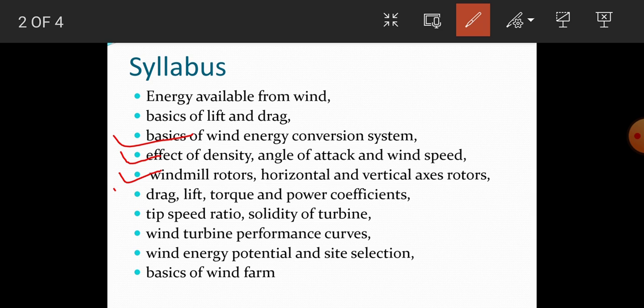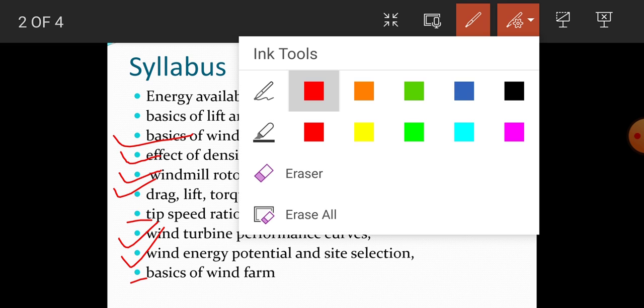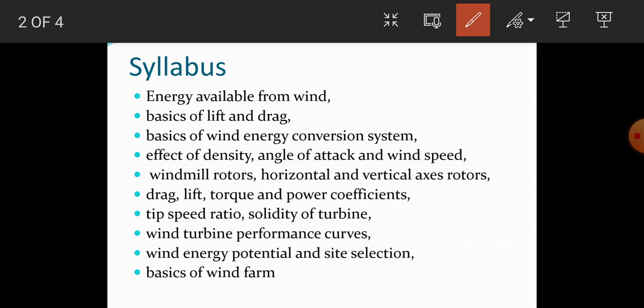Then drag, lift, torque, and power coefficients. Tip speed ratio, solidity of turbine. Then various wind energy potential and site selection, and basics of wind farm. So these are the topics which we are going to discuss. In today's lecture we will start with energy available from the wind.